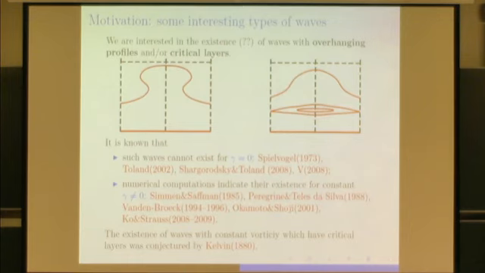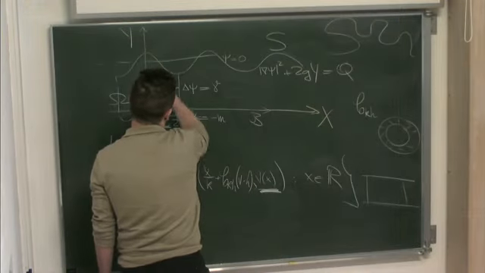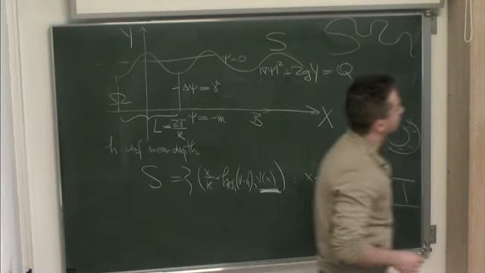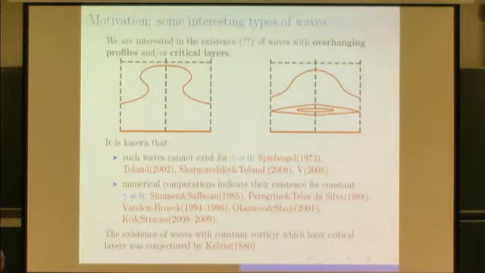The advantage of this formulation is that it can describe waves of arbitrary geometry, no matter how complicated the overhanging and so on, and also makes no assumption on the level set of this function psi inside the domain. So the aim is to see whether we can prove the existence of waves with overhanging shapes, or at least maybe the shape can be a graph, but the level sets are not graphs.